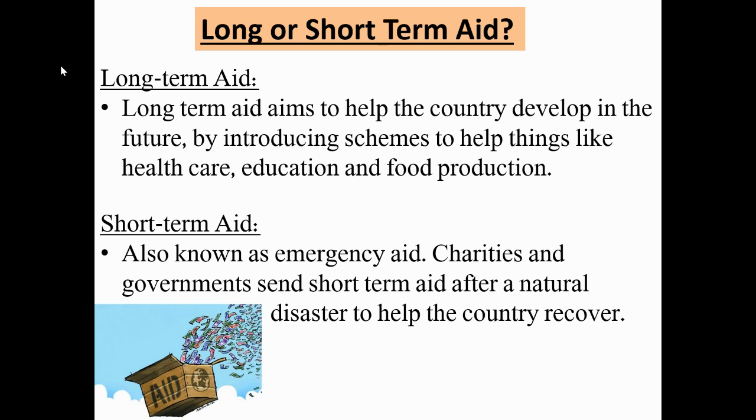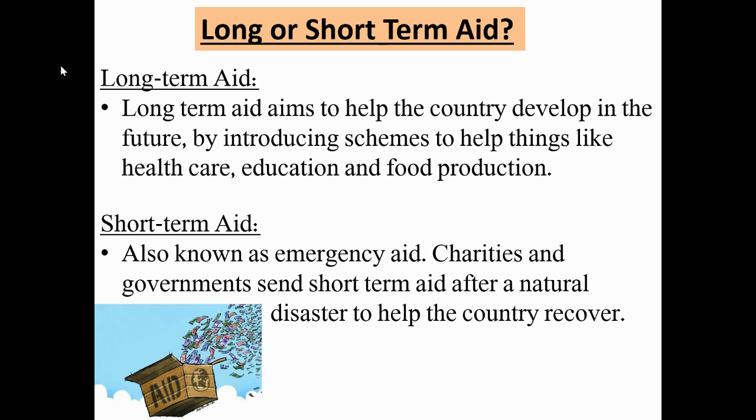So it's going to help the development of that country to have well educated people. If the majority of the population are uneducated, maybe unable to read and write, they're not going to be able to go into careers like doctors, and the country is going to suffer for the lack of that. So when we're talking about long-term aid, we're thinking not about today, but maybe about 5, 10, 20 years down the line: how can we help this country develop?